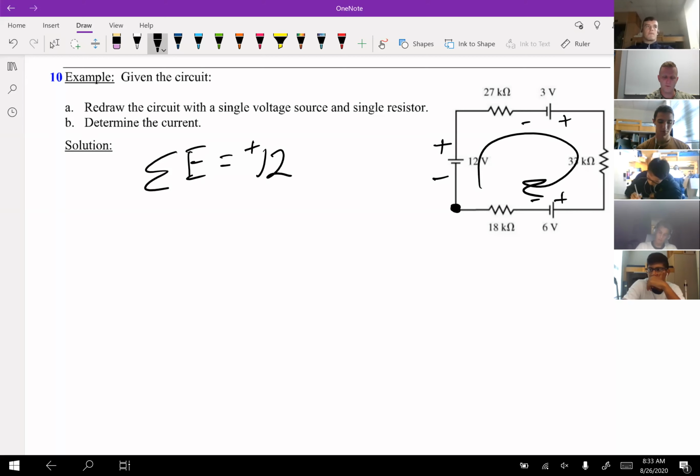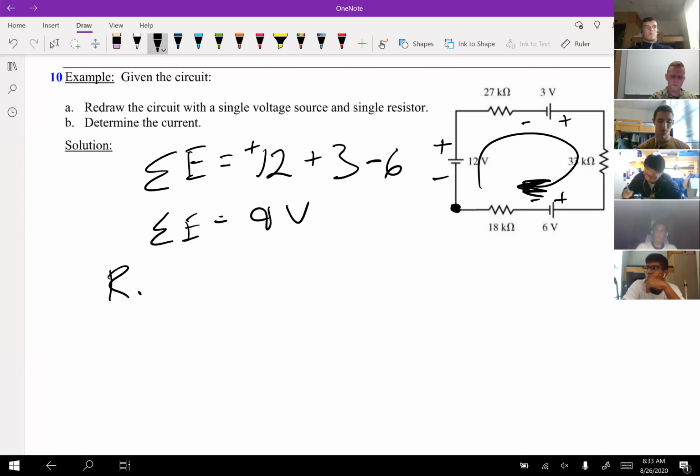So I'm going up through 12, I'm going up through 3, and then notice this arrow is going this direction, and I'm going down through 6. So the sum of all my E's, right, 12 plus 3 is 15, minus 6, 9 volts. And then my R total, I can add up these series elements.